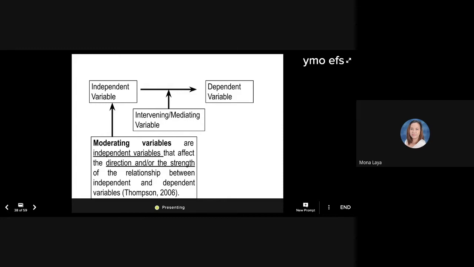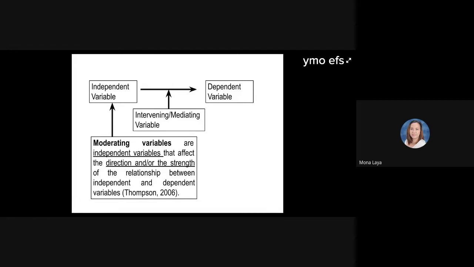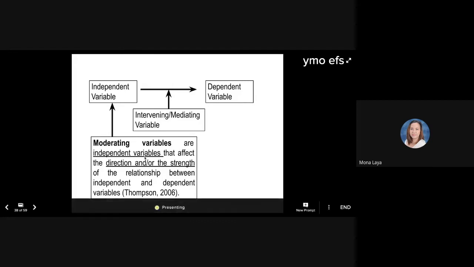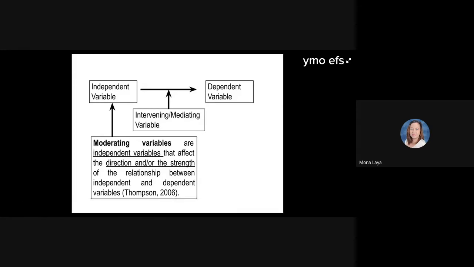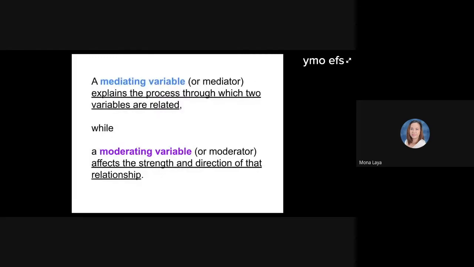Now, usually ano ang ginagamit? Anong mga variables in the quantity that are used for moderating and mediating? Profile, actually. Oo, profile. Parating profile ang ginagamit. Okay? That is why na ma-interchange si mediating o si moderating. Okay? So, the difference between a mediating variable, itong nasa tunga, it explains the process through which two variables are related.